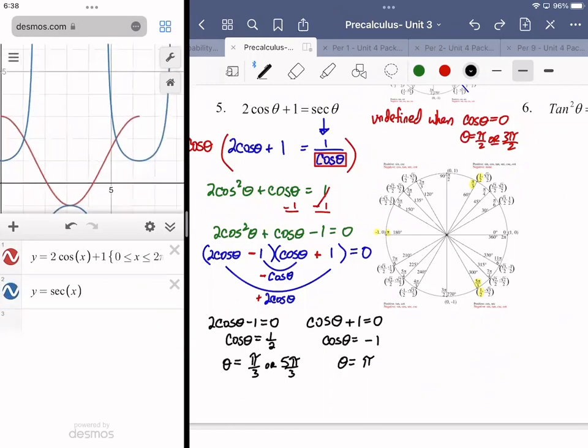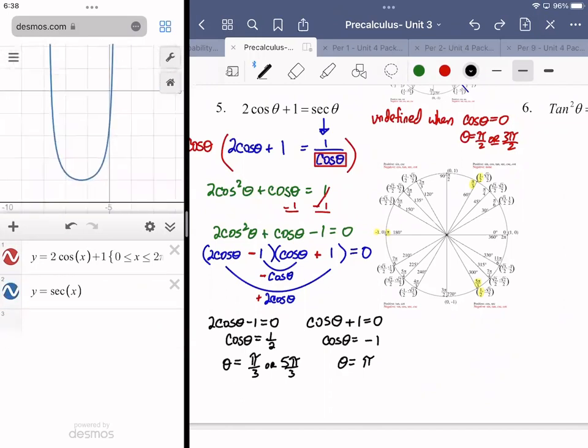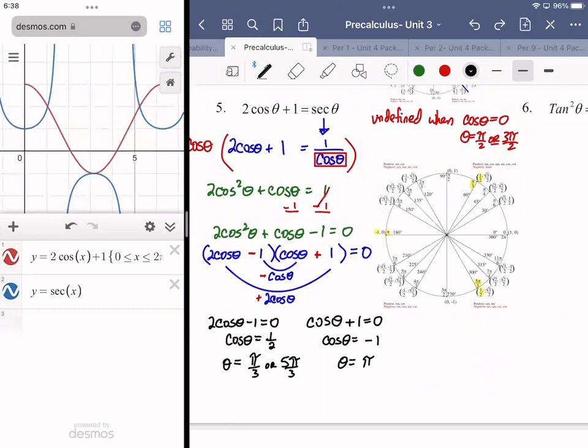So any intersections, you see the red one is truncated even though the blue one isn't. Any intersections that show up are necessarily going to have to be part of the correct domain. So as long as you truncate one of them, you're good. All right, so pi over 3, pi, and 5 pi over 3, just like we got algebraically or analytically.